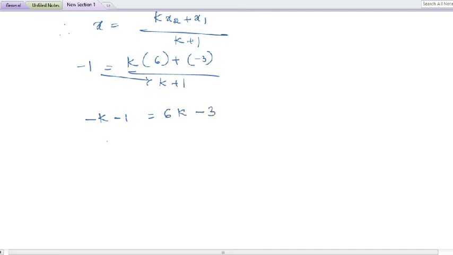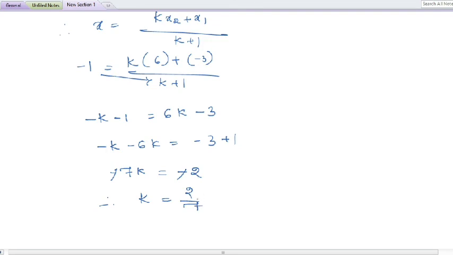Now, make the k terms one side: minus k minus 6k, it becomes minus 7k, is equal to minus 3, minus 1 comes here, it becomes plus 1, minus 2. So, minus minus gets cancelled. Therefore, k is equal to 2 by 7.